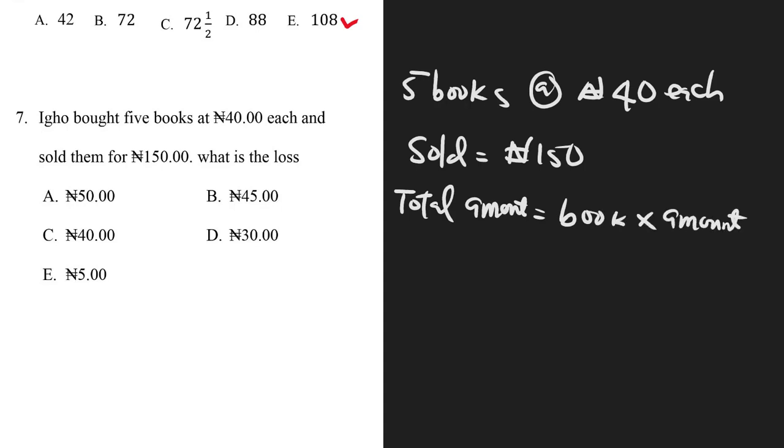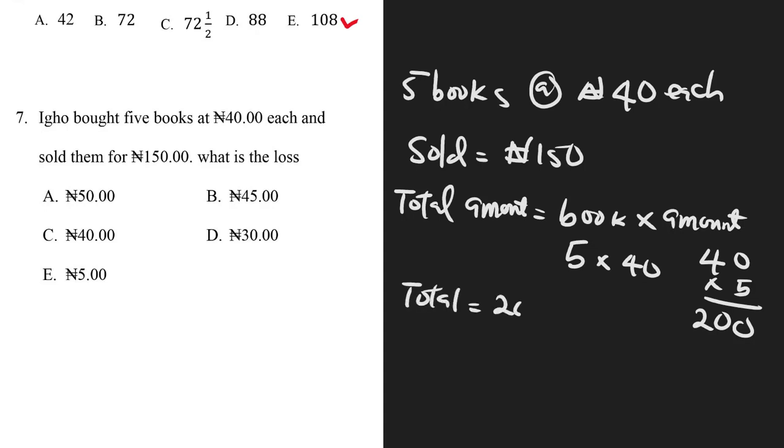So what is the number of books? We have 5 times 40. So let's multiply. 5 times 0 is 0 and 5 times 4 is 20. So the total amount is what? Total is 200 naira. Can you see? So that's the amount of the 5 books that Igohu bought.